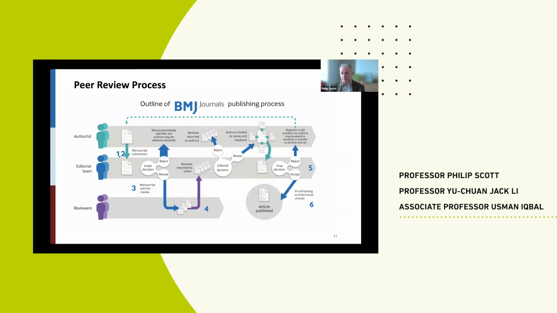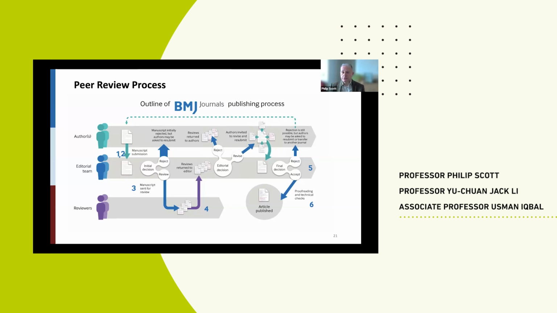So the deputy editor will make that recommendation to the editor-in-chief, who'll then make his assessment, and he'll then make the decision of what to tell the authors, either that they've been rejected or that there's been some form of revision required. And that email will include a summary of what the peer reviewers have said, and then the authors will be invited to revise their paper, resubmit it, and importantly, when they resubmit, they have to give a point-by-point response to what the peer reviewers have said.